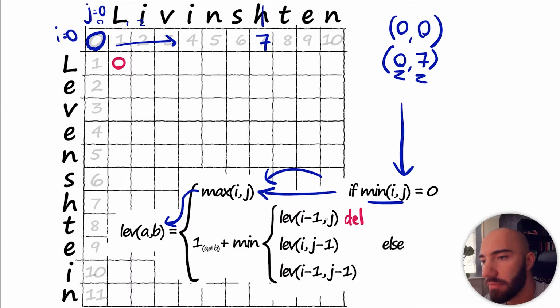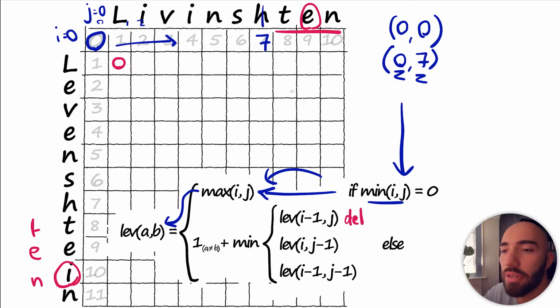So here, delete. So maybe we have, for example, here i, and over here we have e. If we wanted to convert Levenshtein into this Levenshtein at the top, we would probably want to delete this i, because then we would get at the end t-e-n, which matches up to what we have up here. So we would want to delete that character.